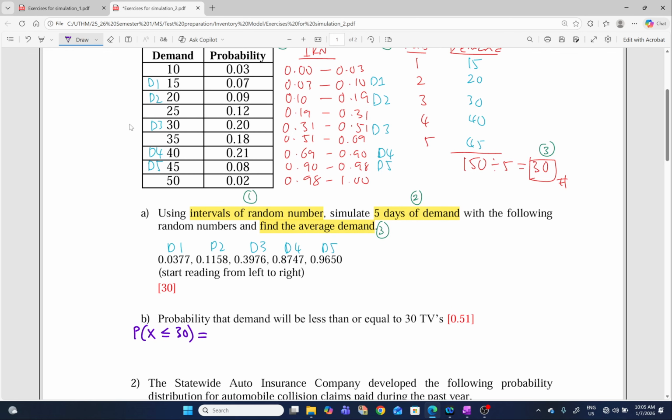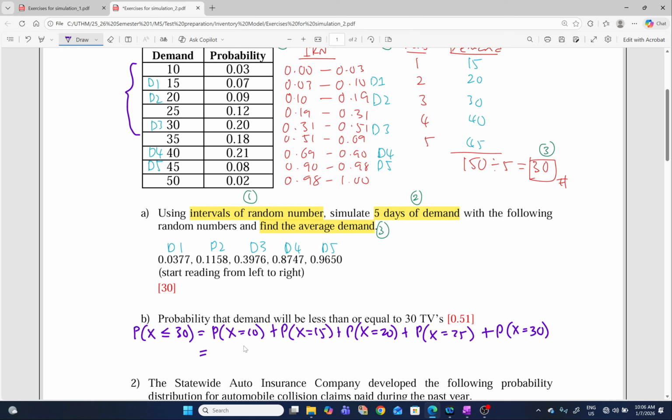It starts from 10 until 30 here. So you write 10, 15, 20, 25, 30.